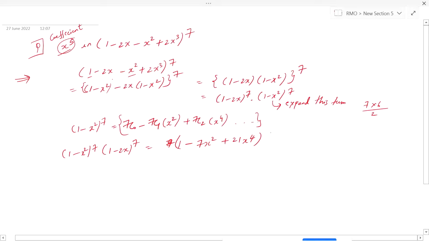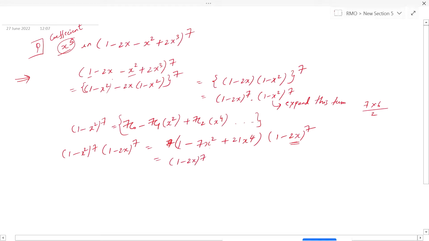I have written this much and (1 minus 2x) raised to 7. When you expand this, x raised to 5 cannot come from the 1, but you will get some coefficients.